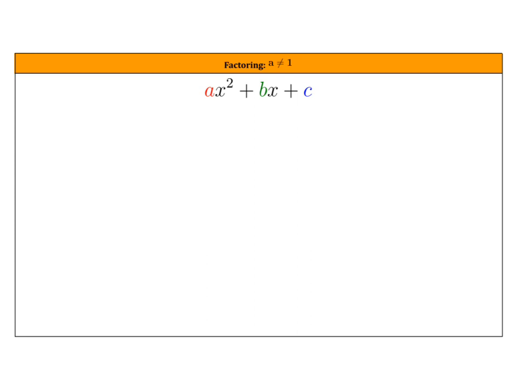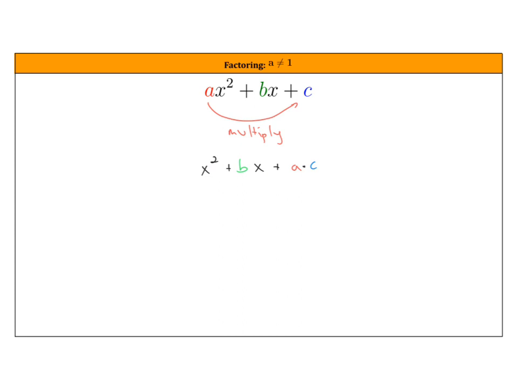We're actually going to take this a value and we are going to multiply it to the value of c. So here's what the equation is now going to read. It's going to say x squared plus bx plus a times c.